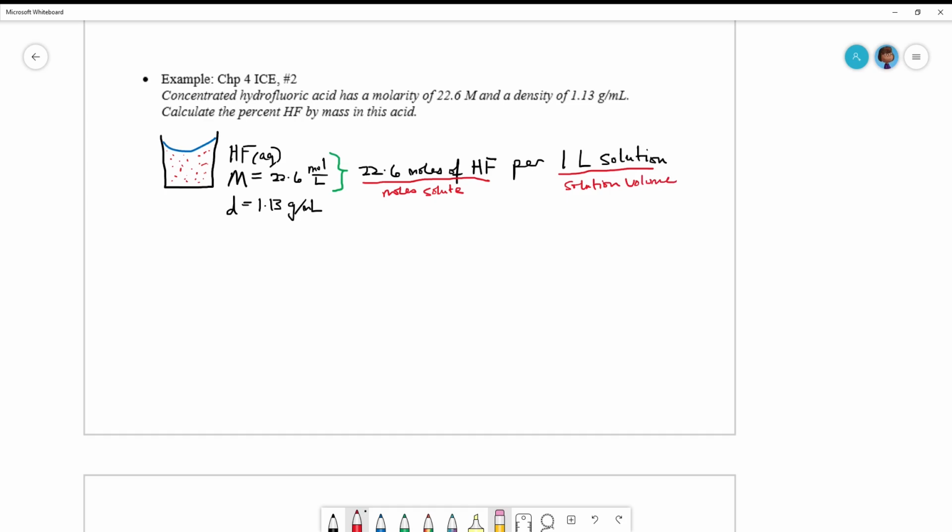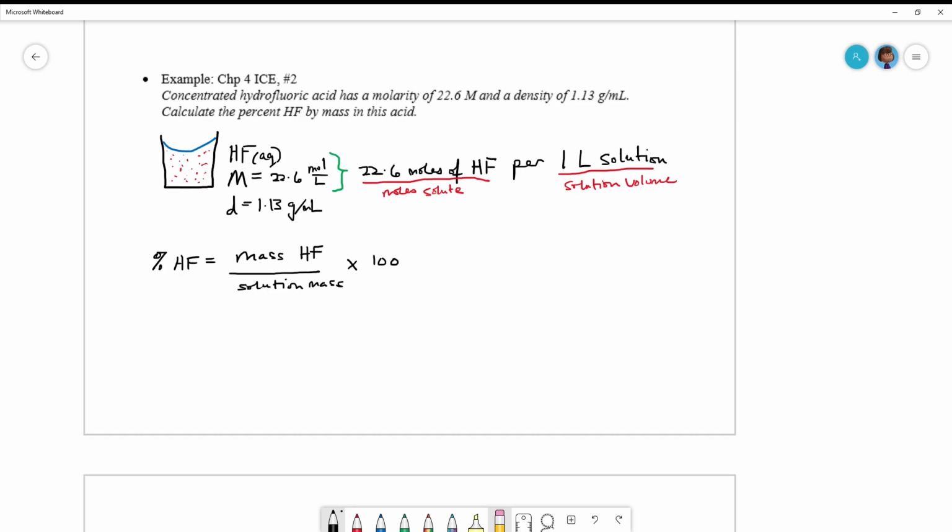And these are the quantities we're going to use in order to get the percentage of HF in this acid. Now, if I want to calculate the percentage of HF in the hydrofluoric acid, well, what's that going to be? Well, it's going to have to be the mass of HF divided by the solution mass times 100.